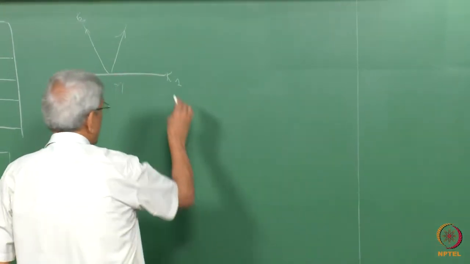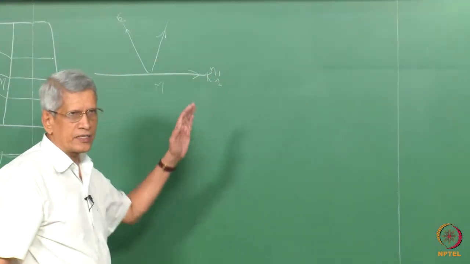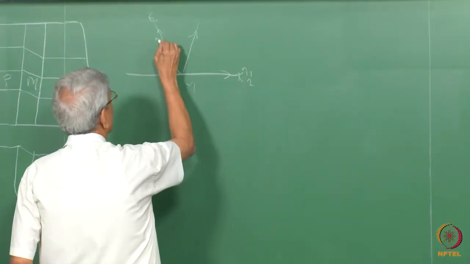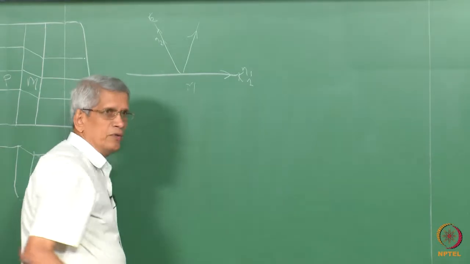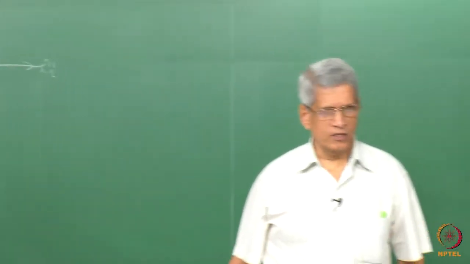And there are some directions also: eta 1, which is the twinning shear direction in this K1 plane. Similarly, there is another direction, eta 2, which is rotated but not distorted.